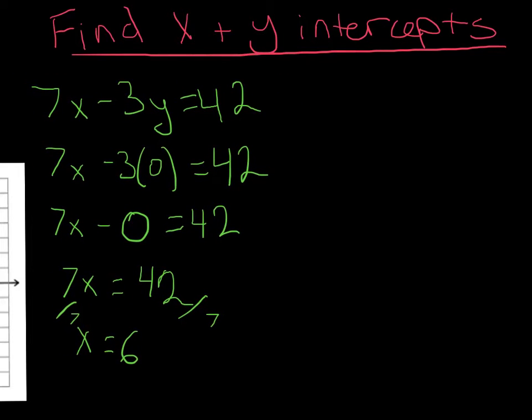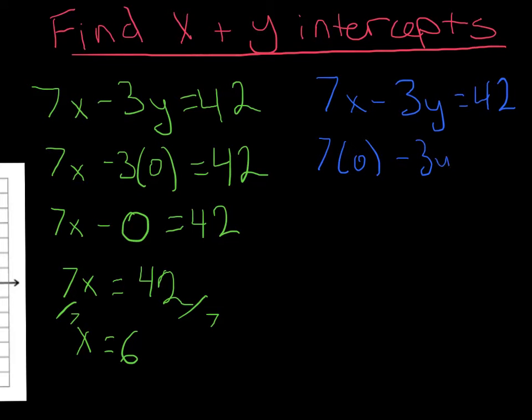Now if we want to find our y-intercept from this equation, we know that x has to equal 0, so we can plug in 0 for x, and now we can solve that also. So you have to remember to keep that minus, even though 0 doesn't amount to anything.